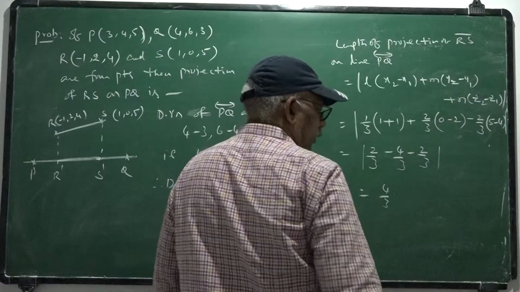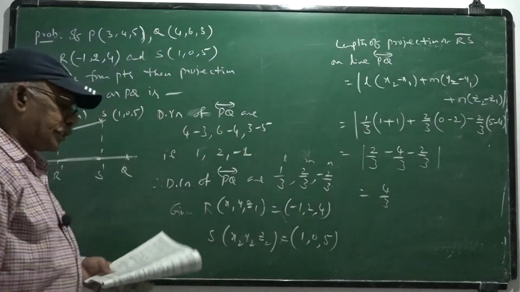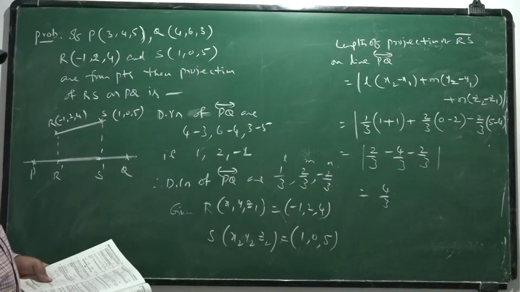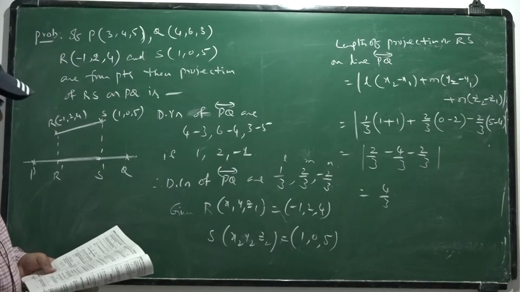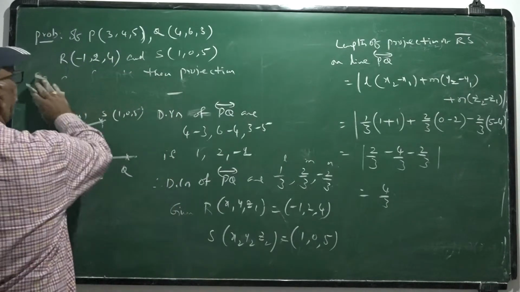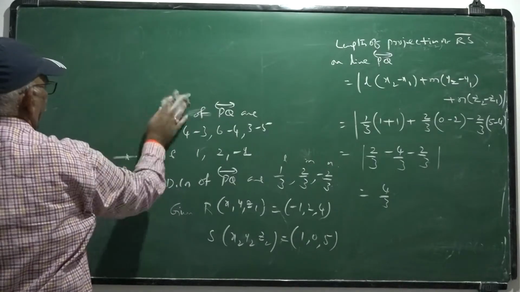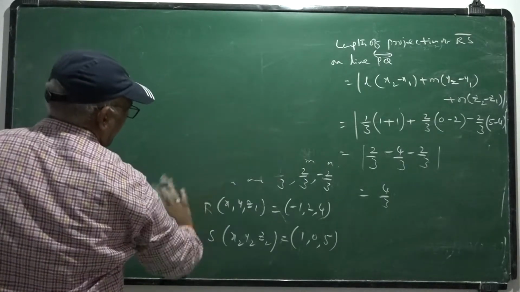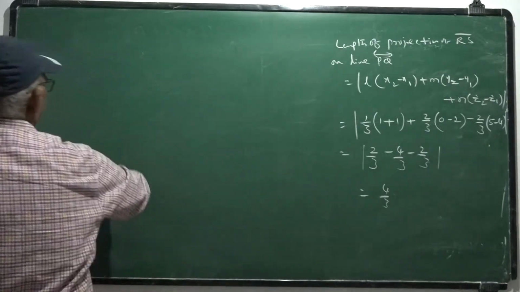Therefore, the length of the required projection of line segment RS on PQ is 4 by 3. Such problems are very important problems.